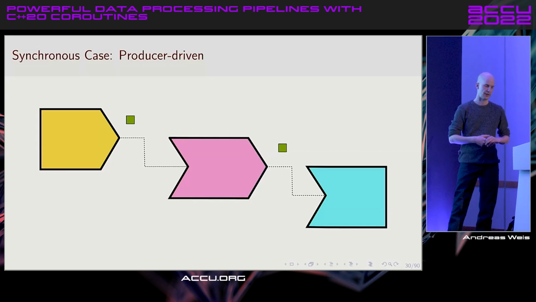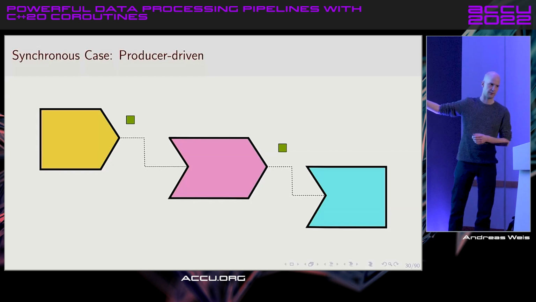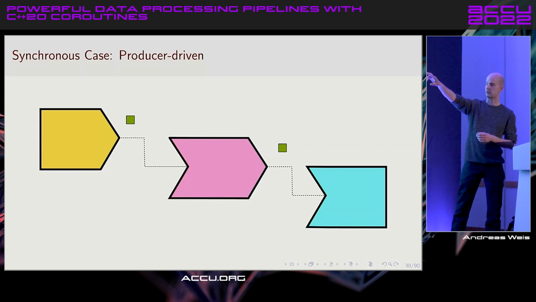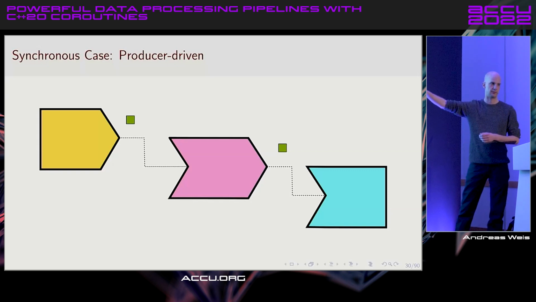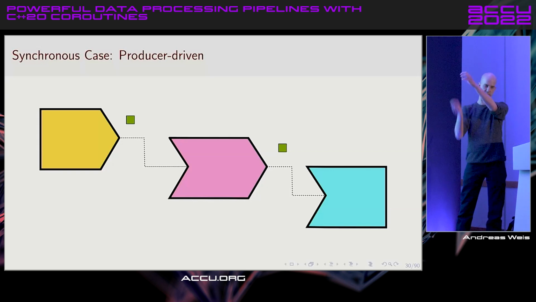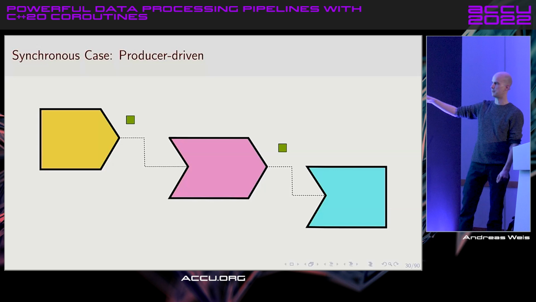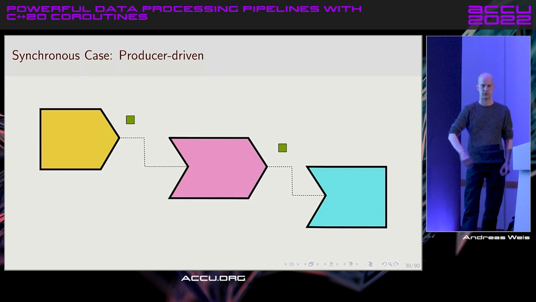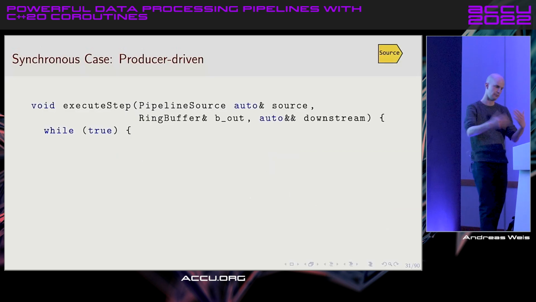And what that is supposed to hint at is that all of these steps will be on the call stack, right? I start at the source, which calls the filter, and the filter calls the sync. And they will all be on the call stack while this is executing. And then once the sync is done, the call stack will unwind, and then the source starts by pumping through the next buffer.